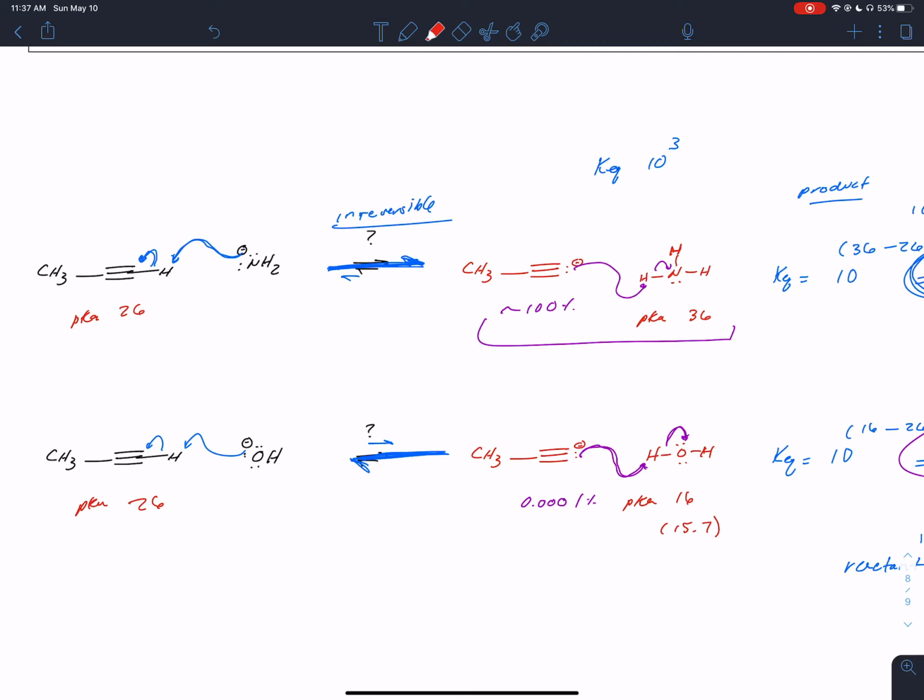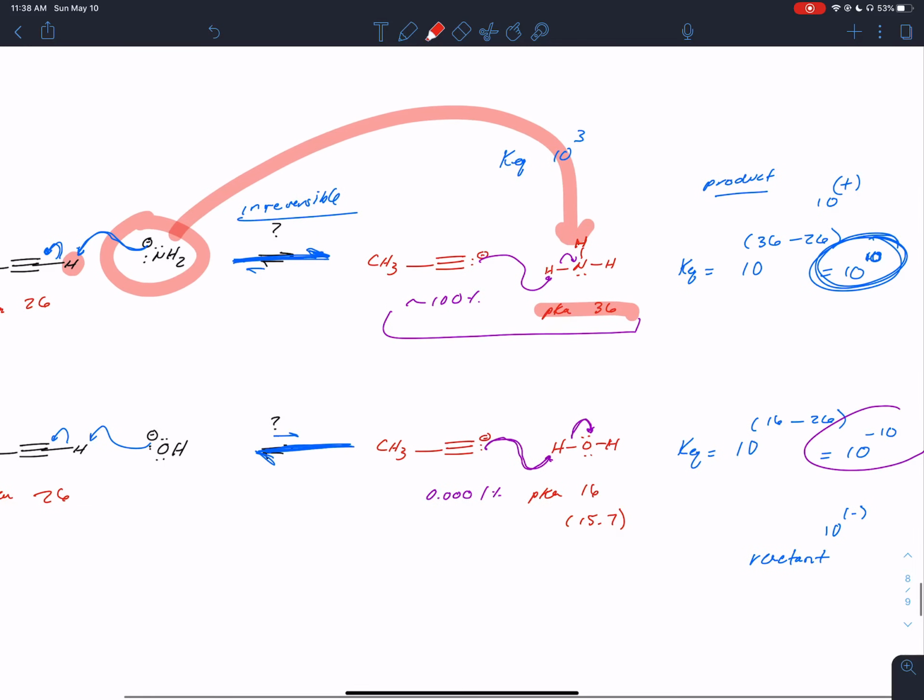And we could make a statement: if you have an acid, to have it irreversibly deprotonated by a base, that base needs to form a conjugate acid species whose pKa value is at least 3 values greater than the pKa of the acid that we're trying to deprotonate. That's what we did here. We basically calculated the KEQ and said there was a difference of 10. So yes, it's greater than 3.